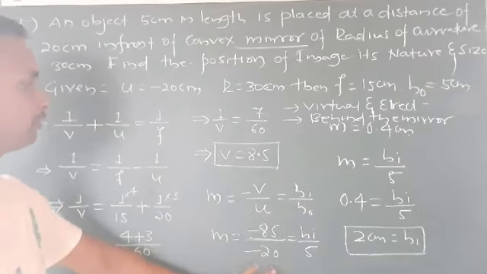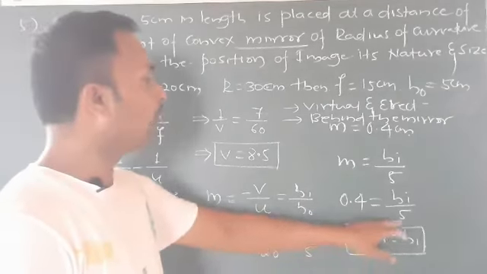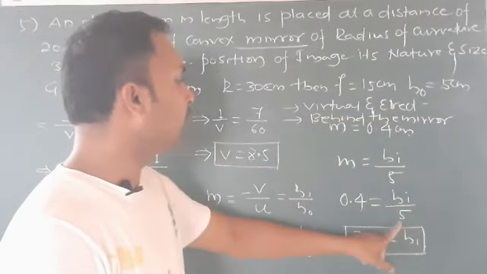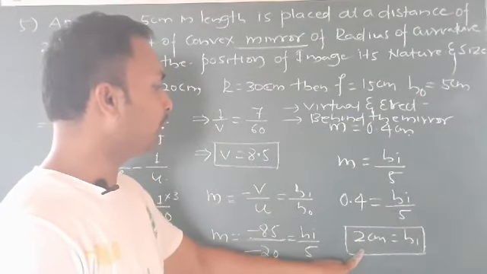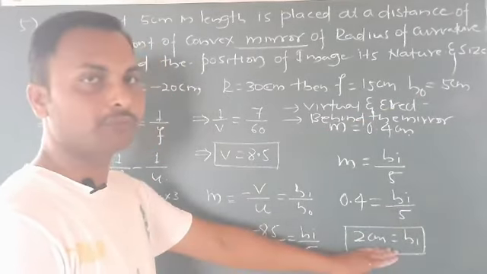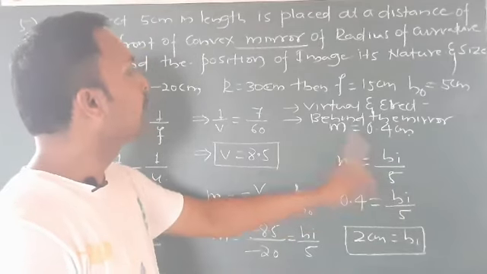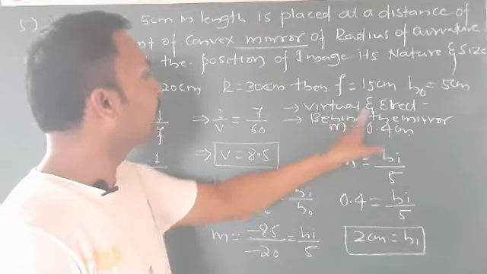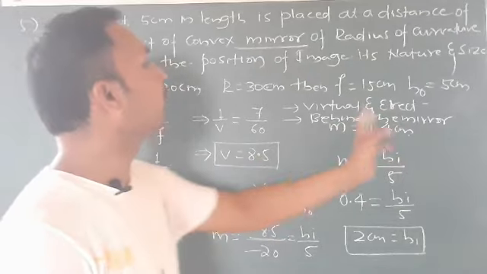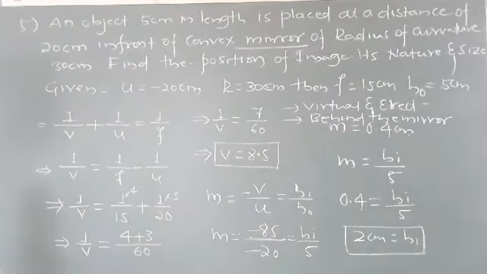Then you can substitute here, you will get 0.4. Now we already have HO is equal to 5, that you can substitute. 5 into 0.4 is 2 centimeter. This is the size of the image. And nature is virtual and erect, and position is behind the mirror. Once it is virtual and erect in the mirror, it means behind the mirror. Okay, I hope you understood very well.